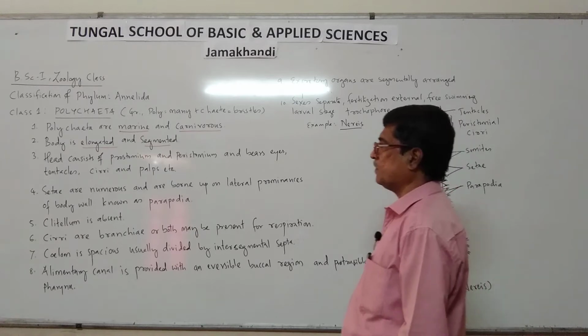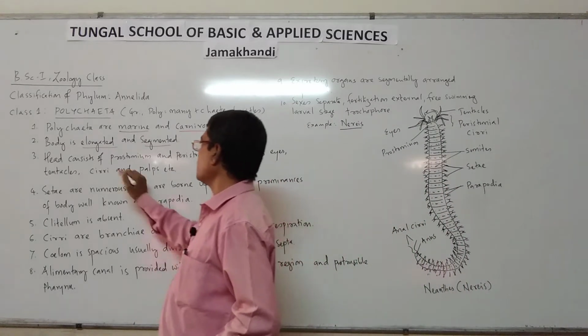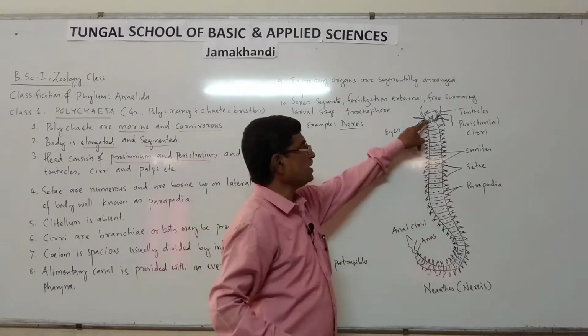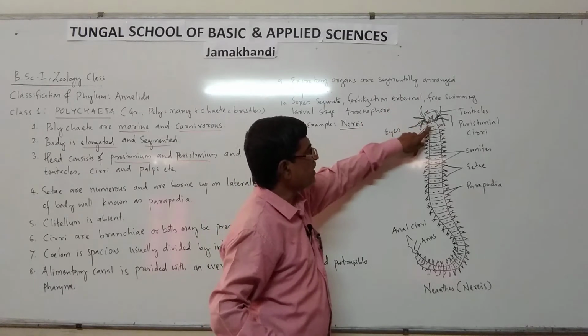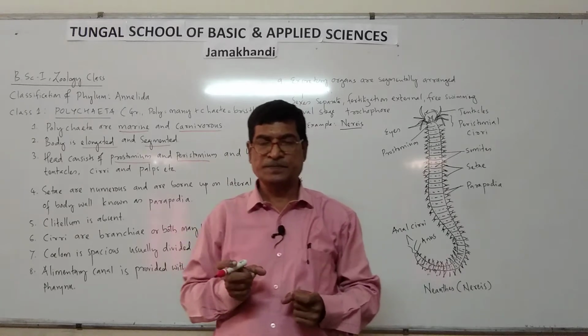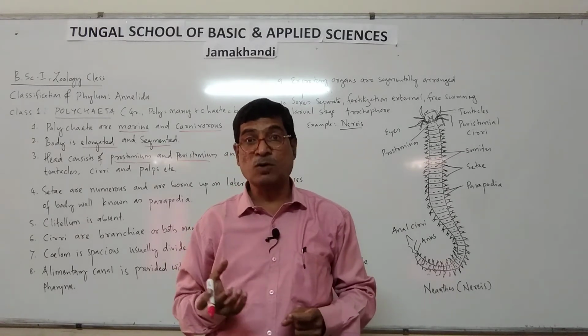Head consists of prostomium and peristomium. So this part is the head region. This part is prostomium and this is peristomium. Peristomium is the first segment, the first ring present around the mouth.